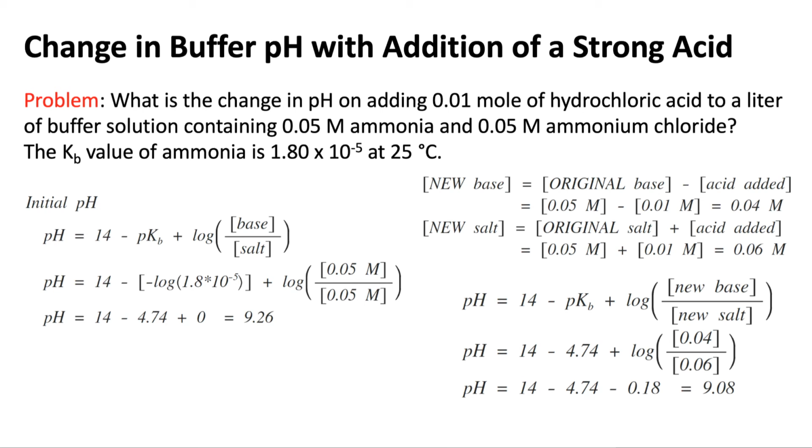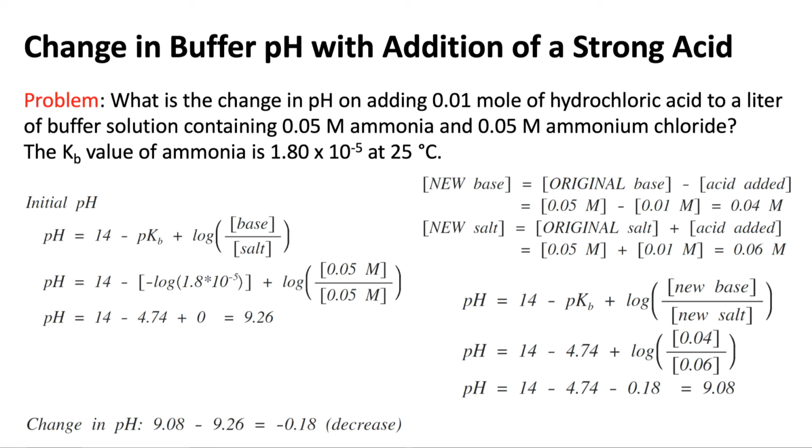So in the end, to determine the final pH, we would take 14 minus the 4.74 minus the 0.18 and see that our new pH after the addition of the hydrochloric acid is going to be 9.08. So like before, to find the final answer, which is the change in pH, we would take what we ended up with, which was the 9.08, and subtract from it where we started, which was the 9.26.